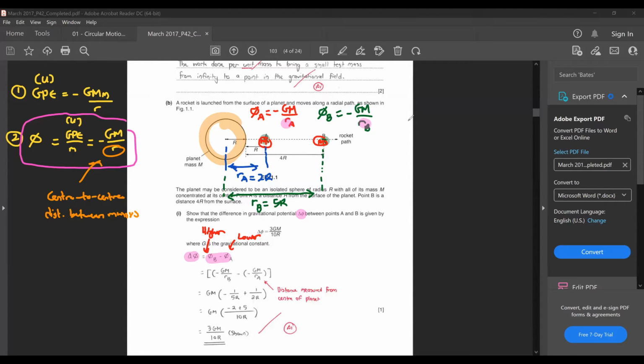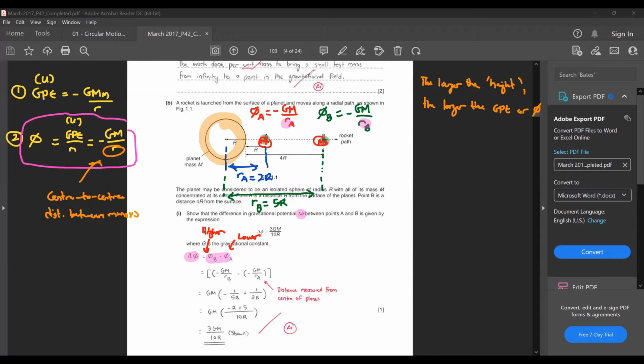Okay, because I think I also mentioned this before, the larger the so-called height, the larger the GPE or potential.